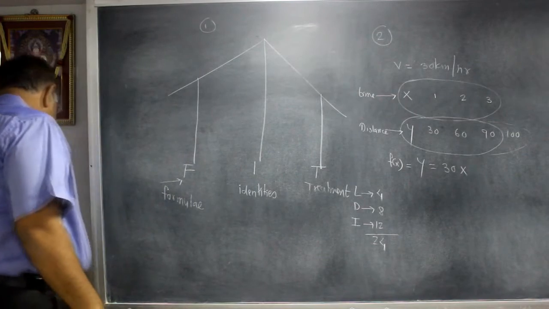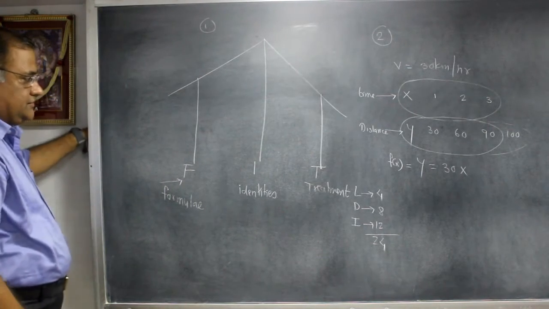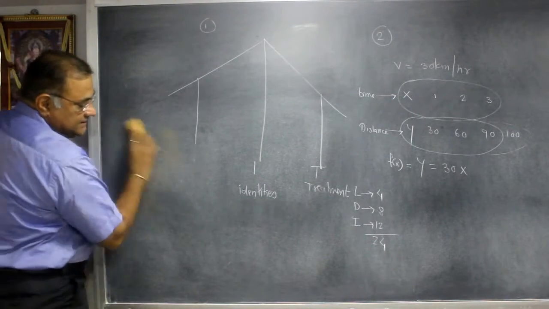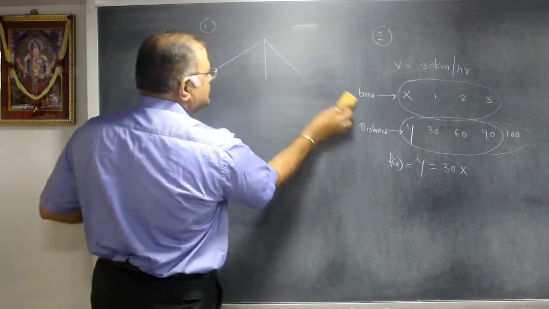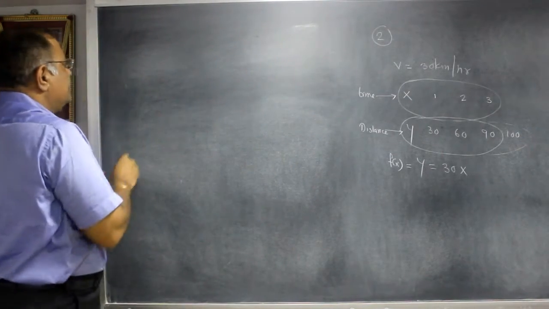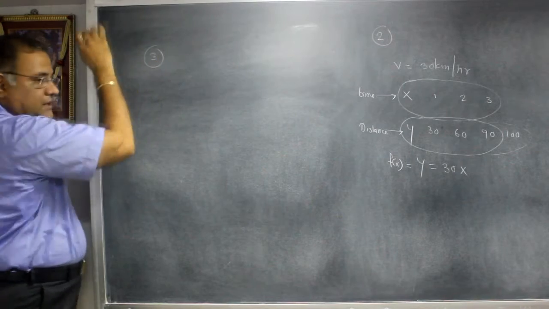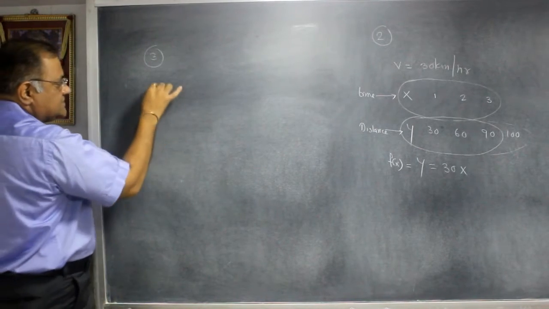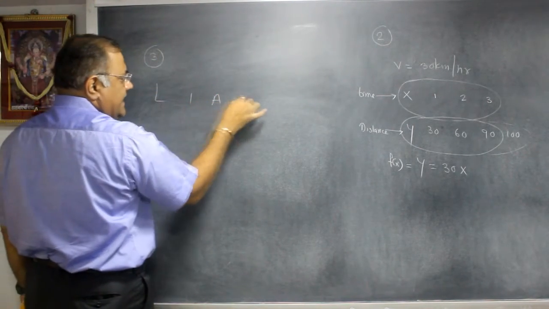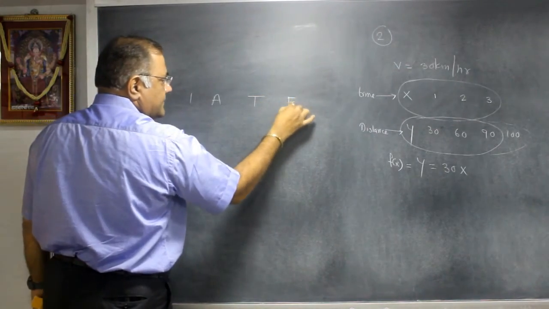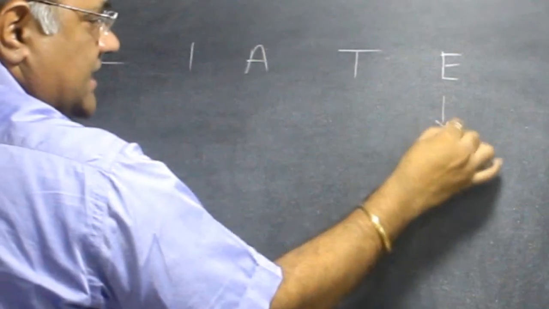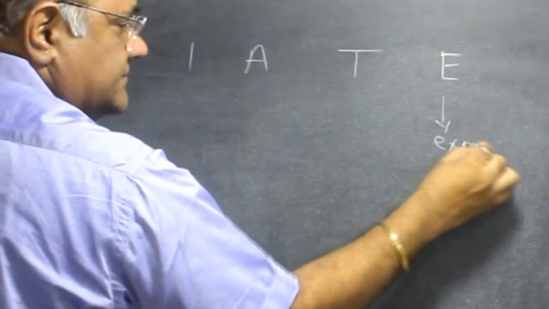Third point is the type of the function, which is there are 5 major types of the functions. Third point, types of the functions. LIATE. E मतलब exponential function.